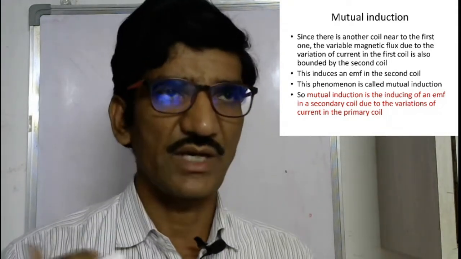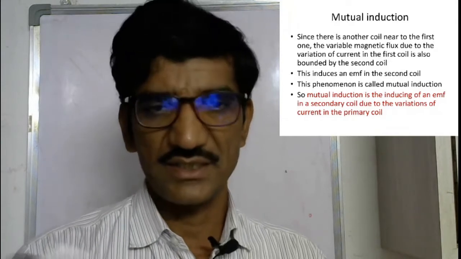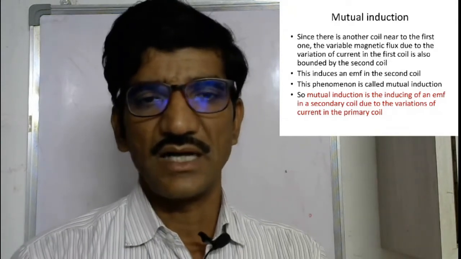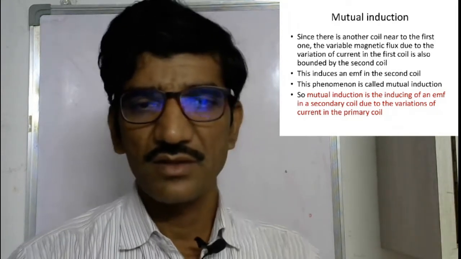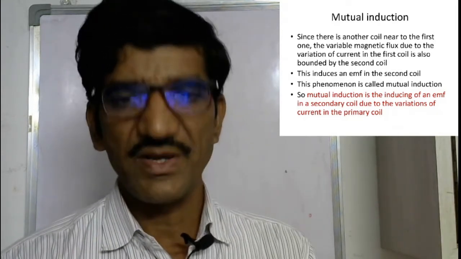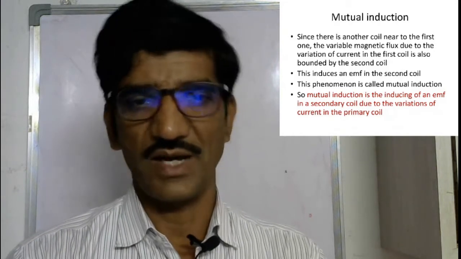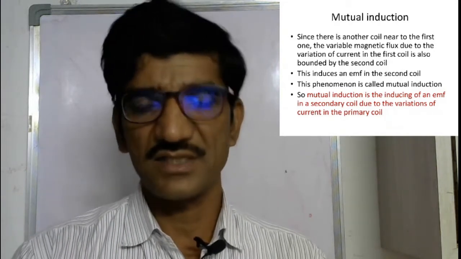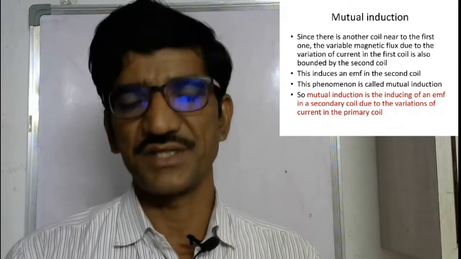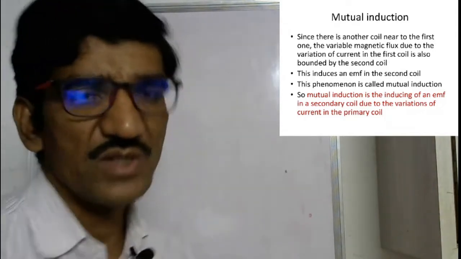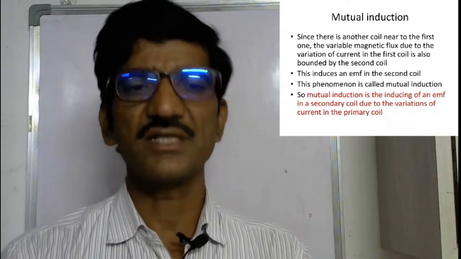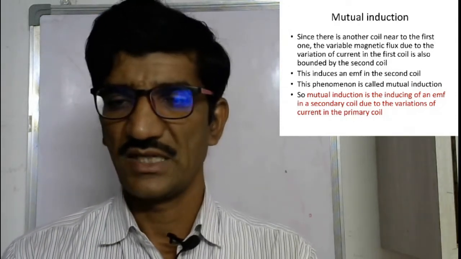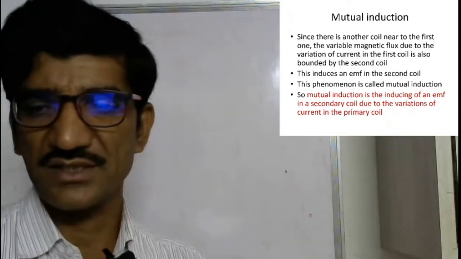In that coil, we have the current. Due to that varying current, there is a varying magnetic field around that wire. That means the flux of that magnetic field is changing. This generates some EMF in the first coil itself. We call this self-induction.